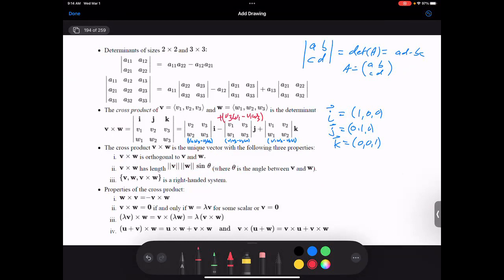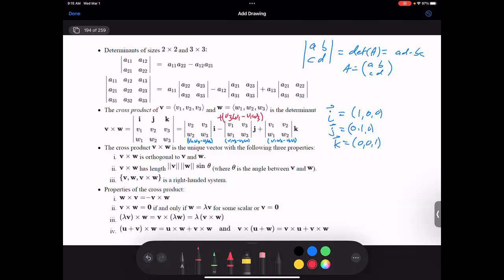V cross W is 0 if and only if W is in the same direction as V. So that's a little bit more interesting. It's clearly true that if W is in the same direction as V, then V cross W will be 0. Without loss of generality, we can always assume our two vectors have unit length if we want.